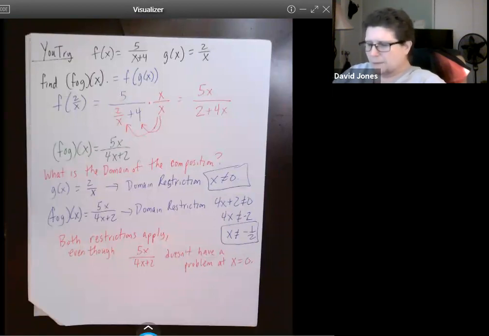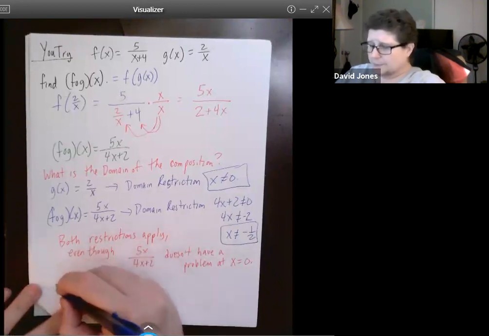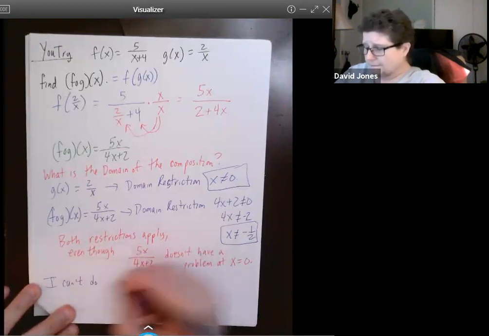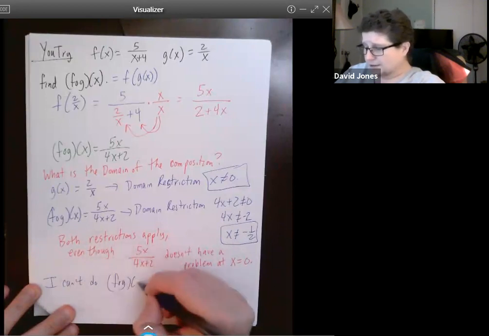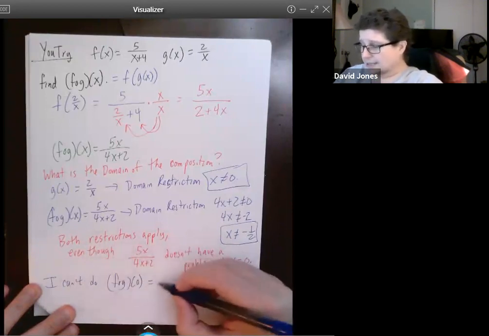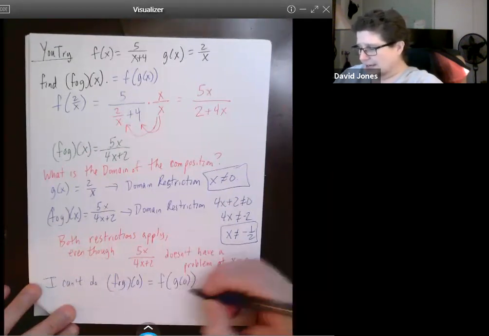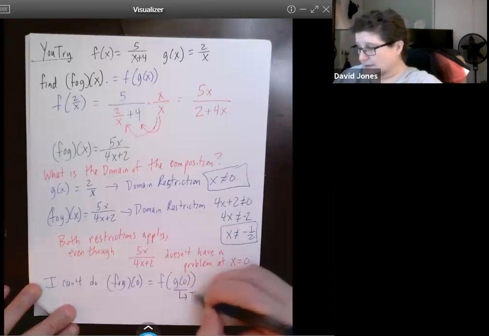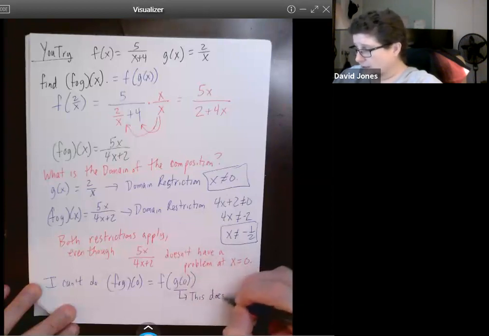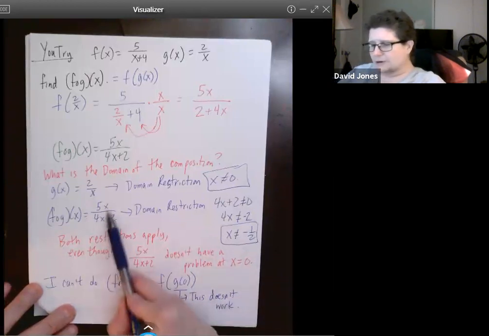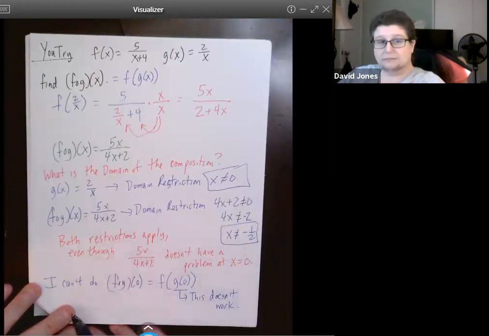What this is saying is I can't do f of g of 0, because g of 0 doesn't work, even though if I plug in 0 here, I'd have 0 over 2, which is 0. All right?